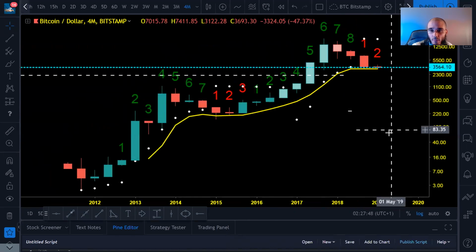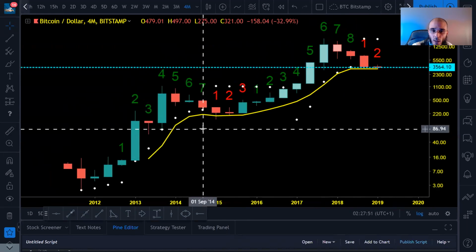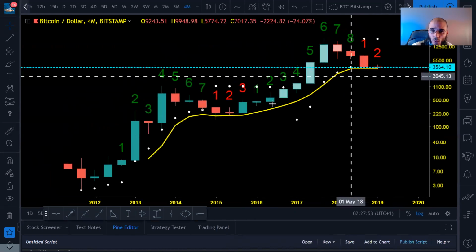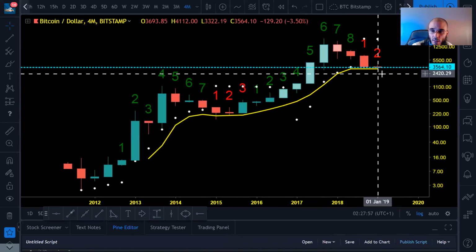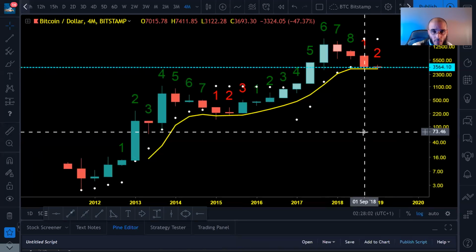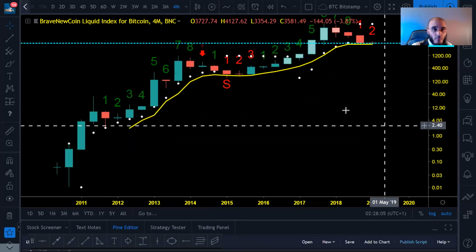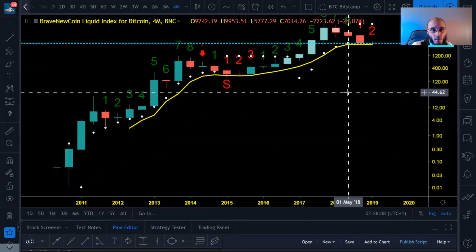I'm not sure about that on the 4 month. Right now you're still higher than the moving average, the 7, but we did get below the 7 during the last bear market. So I'm expecting us to go below this time too. BLX does not give you much more information on the 4 month.